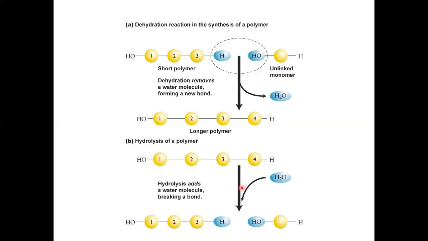Even though we're not seeing enzymes in the arrow, there are enzymes here, and we'll talk about enzymes in a little bit. In the name hydrolysis, hydro means water and lysis means to split. So you're going to add water and break that bond, and you're taking that 4th sugar off.